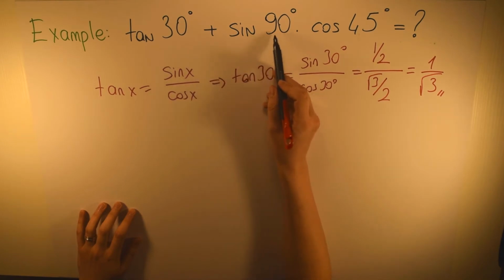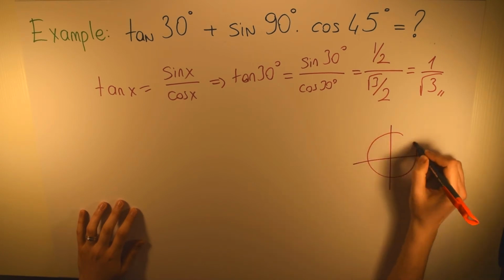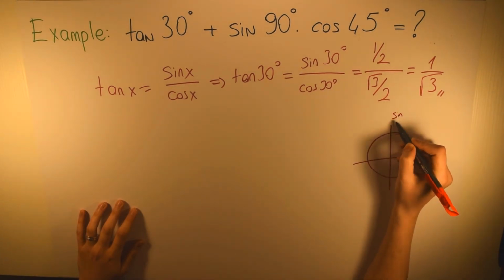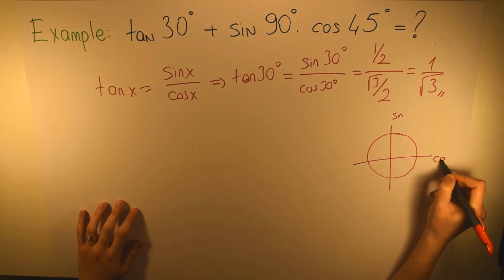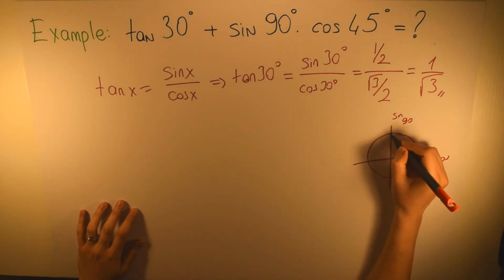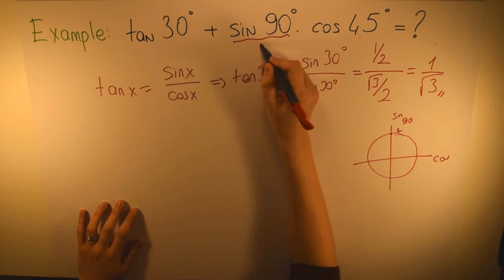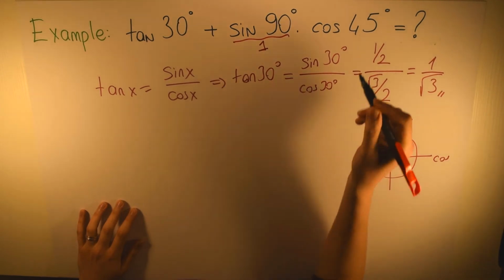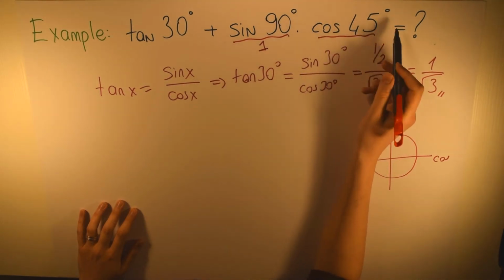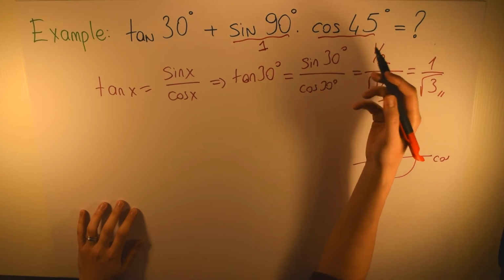Now let's see the value of sine 90 degrees. When you draw your unit circle, this is our sine axis and this is our cosine axis, right? 90 degrees is here, and since it is equal to 1, sine 90 degrees is also equal to 1. We know that cosine 45 degrees is equal to square root of 2 over 2.